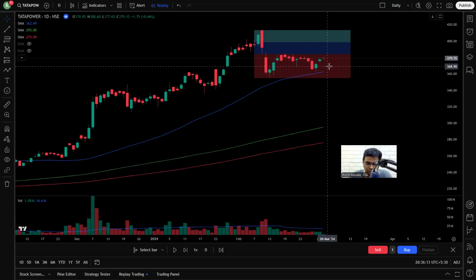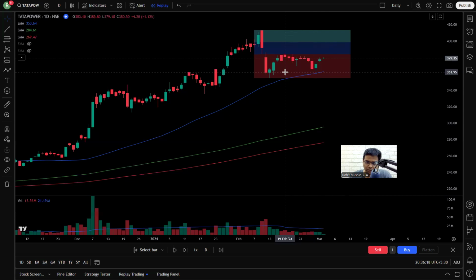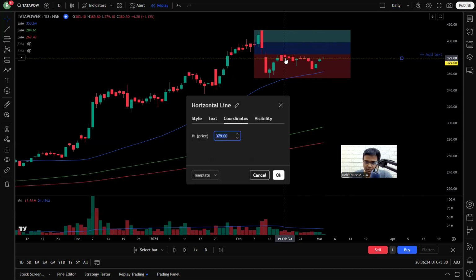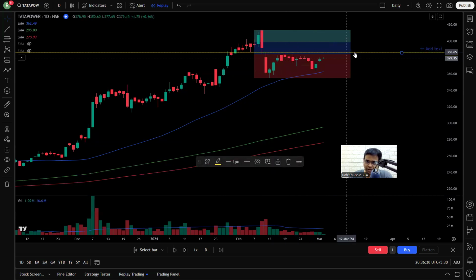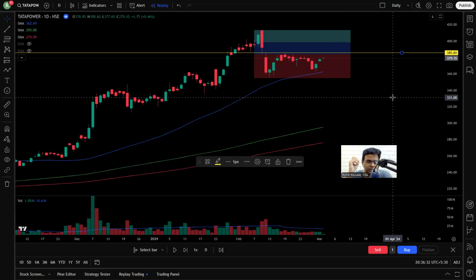Point number 6 is not yet completed, so point 5 cannot be taken as a buy point, right? So point 3, the high of this candle, which is 385.80. Let me draw that. 385.80. He said, how can we consider this line, which is in the blue zone, as our buy point? Because it violates two things.